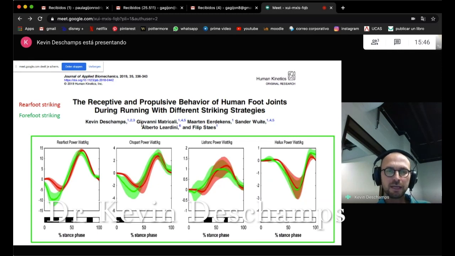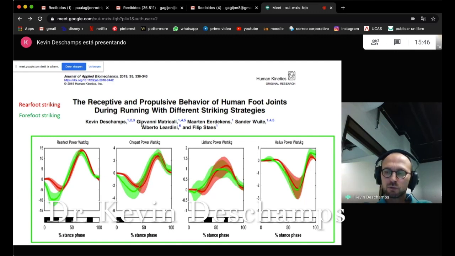In red, it is the running condition when our athletes were running with a rear foot striking pattern. And in green, you see the results when the same athletes were running with a midfoot or forefoot striking pattern.